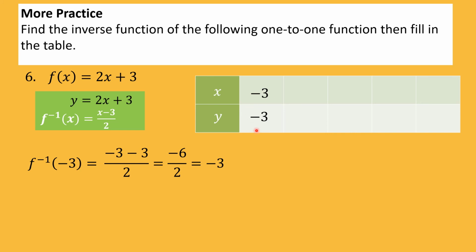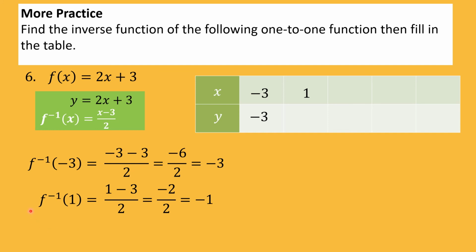The next value of x in our original function, or value of y in the original function, which is magiging value ni x ngayon dito sa ating inverse function is 1. So, gamitin ulit natin etong 1 na to pang substitute sa x ng ating inverse function.